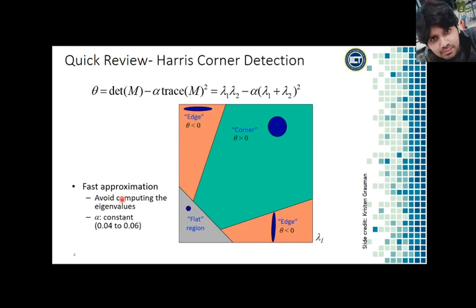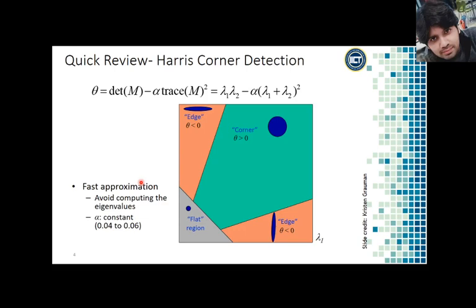So basically, if we avoid computing the eigenvalues, and if we use constant values from 0.04 to 0.06, the alpha value in this case, it will yield a faster approximation. Remember that we are talking about approximation, and in our previous course, numerical methods, we have already discussed in detail what approximation means and what numerical methods can do.